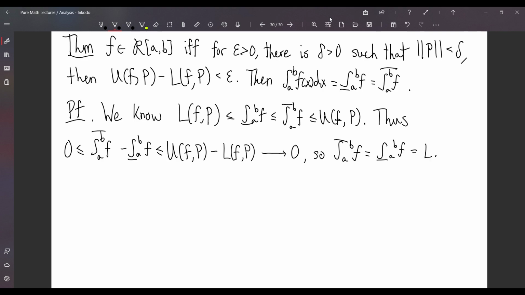What we're now going to do is show that the Riemann integral of f exists and equals L. Okay? Now, we've shown previously that a lower sum is less than or equal to a Riemann sum, with respect to some choice of evaluation points, which is less than or equal to the upper sum.